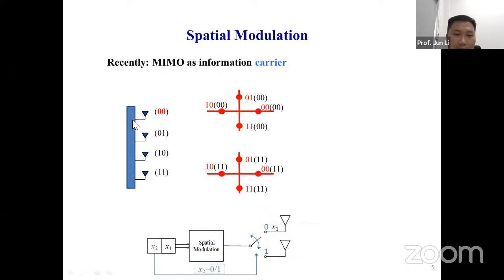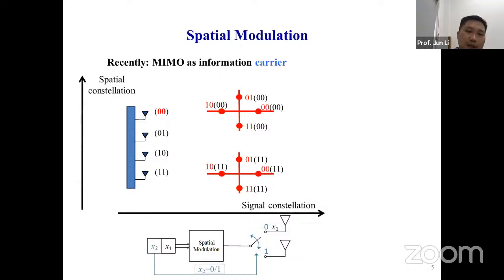For example, if we only use the first antenna, the last 3 antennas will not be used, and there are two dimensions. The first one is signal modulation, and the second one is spatial modulation.